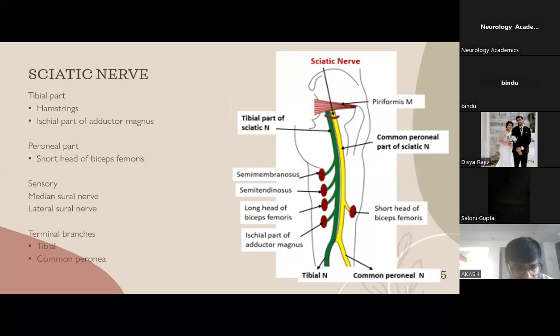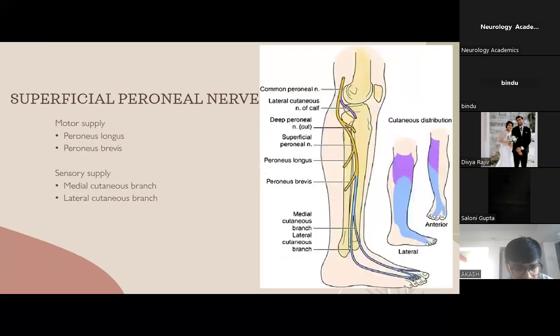And sensory, medial sural and lateral sural combine to form the sural nerve, which supplies the lateral calf of the leg. Terminal branches: it finally divides into tibial and common peroneal branches. The common peroneal nerve gives off the lateral cutaneous nerve of the calf, which supplies the lateral side of the knee and upper calf.